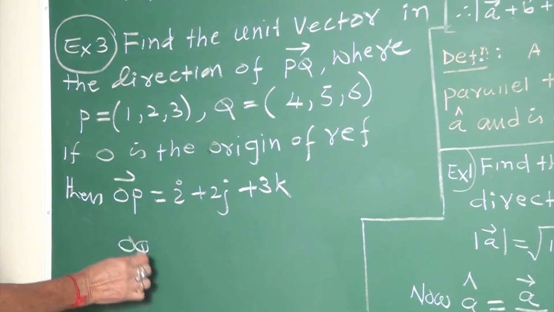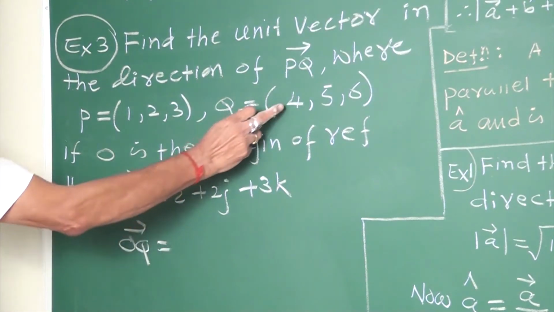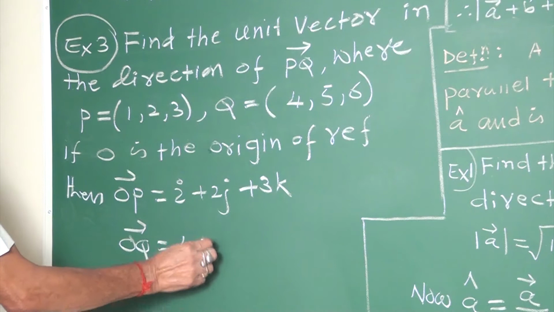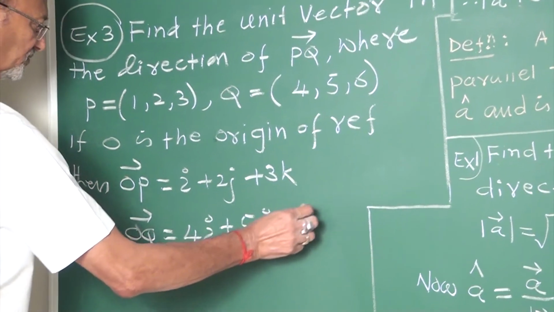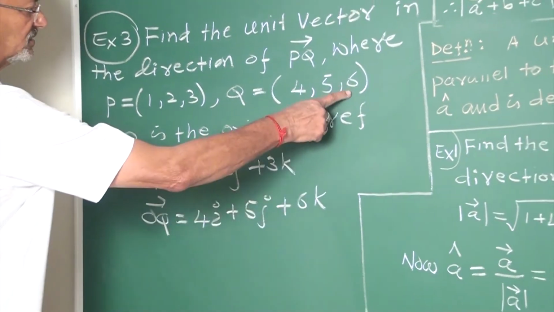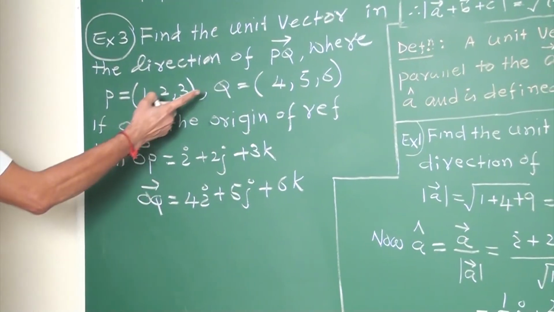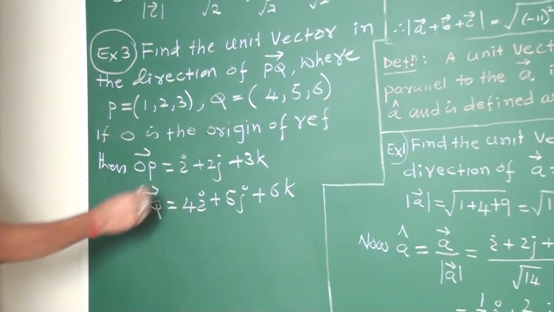What is OQ? 4 into i plus 5 into j plus 6 into k, my friends. Then you wanted the vector PQ.